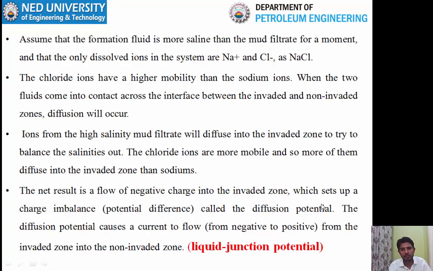called the diffusion potential. So this is basically the potential difference that has been developed by the migration of the chloride ions from the high sodium chloride concentration to low sodium chloride concentration, and this is called the diffusion potential.